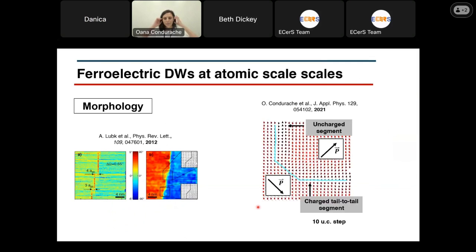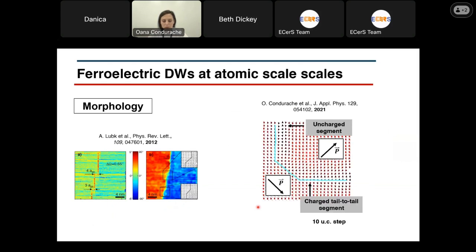Okay, so ferroelectrics at the atomic scale, we are mostly looking at domain walls because domain walls is where the order breaks. And for a very long time, domain walls have been seen in a very simplistic manner as plain straight interfaces.